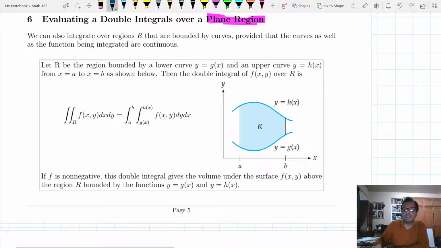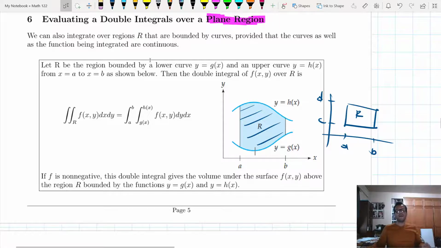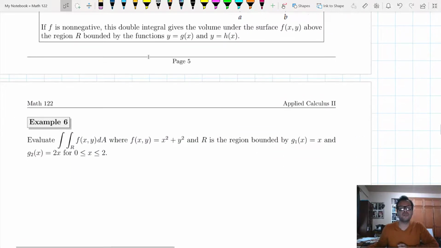Let me write down the picture we looked at before, ranging from A to B and from C to D. So in this case, we may have different functions forming a funky looking region to integrate over. Let's just do an example to show you how this works.